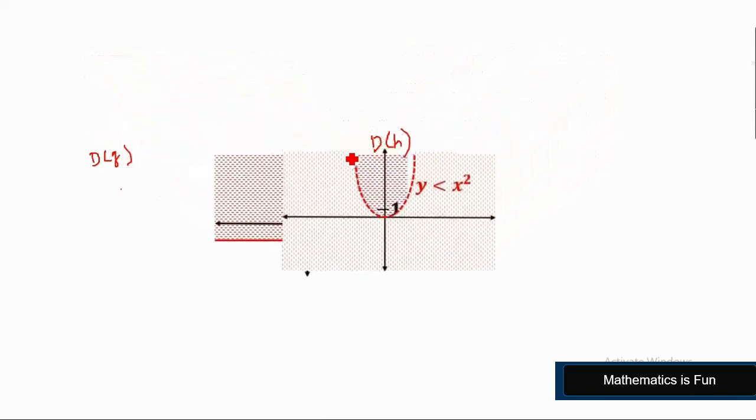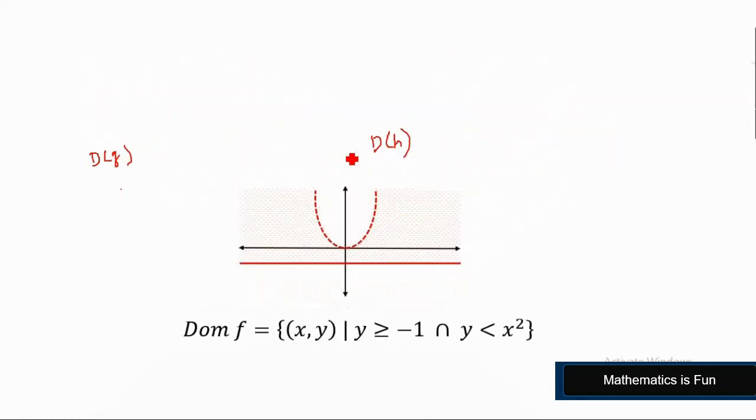So here it is the common region of the domain of g and the domain of h. So this is the domain for f, which contains all the points of the line y equal to minus 1 and all the points above this line and below the curve y equal to x square.